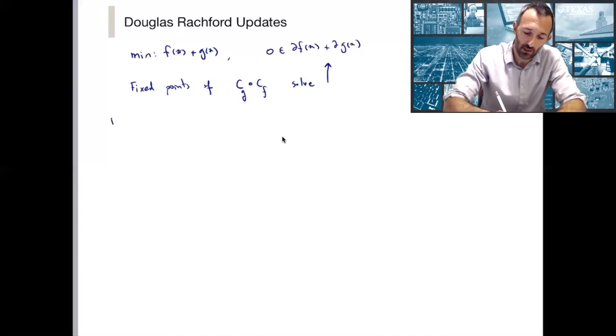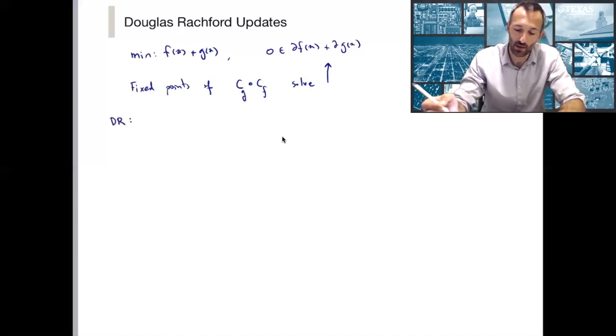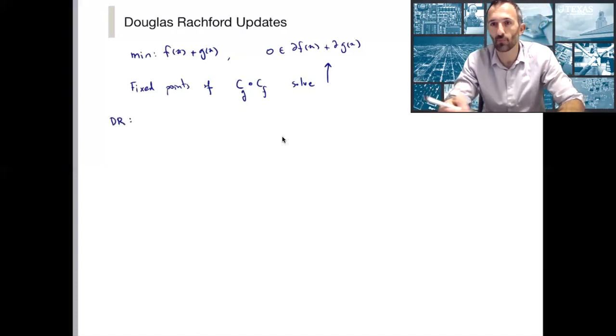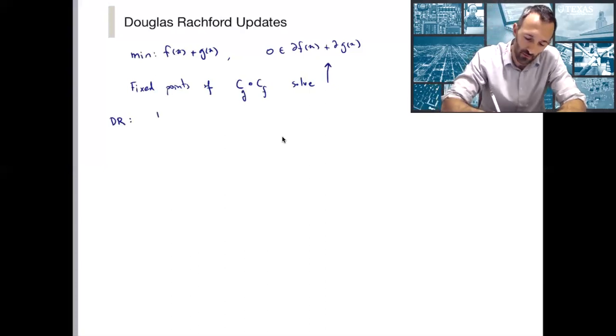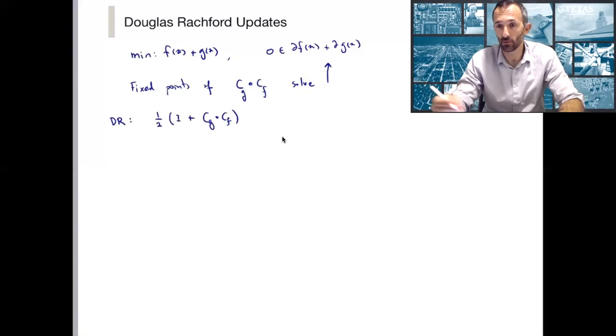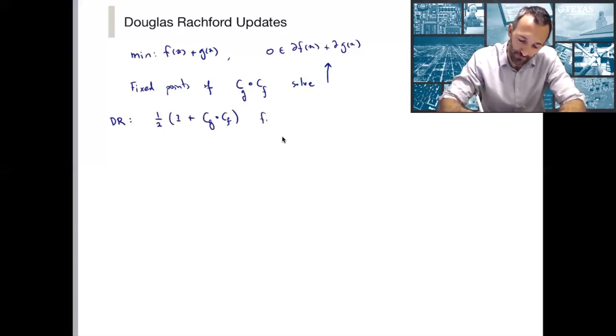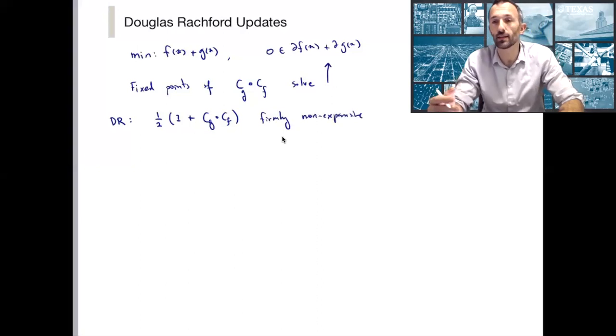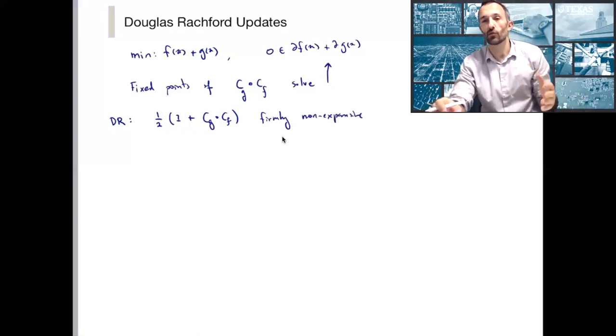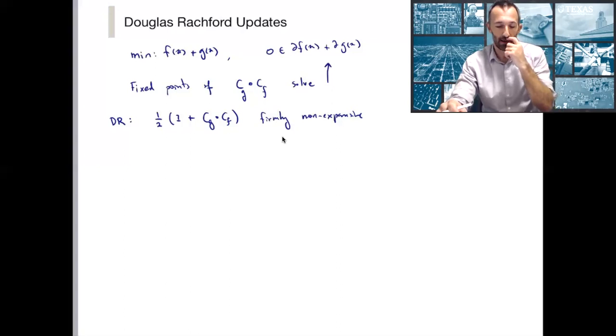The Douglas-Rachford algorithm is based on the fact that this composition is non-expansive, and therefore the operator 1/2 of identity plus this composition is firmly non-expansive. In particular, it's 1/2 averaged. And so iterating it is guaranteed to converge to a fixed point of the operator.